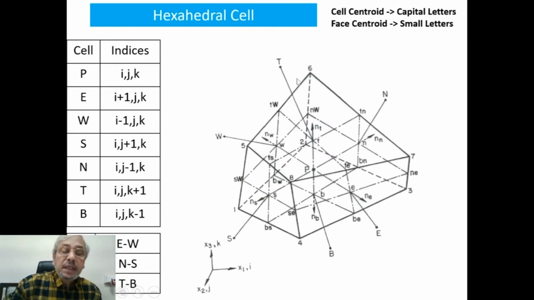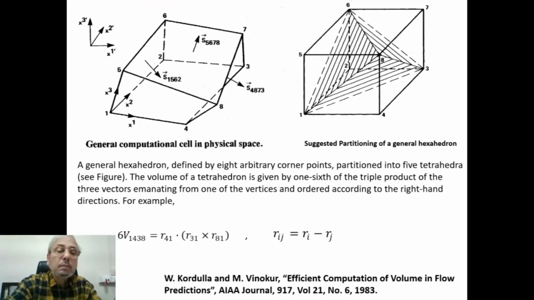So K plus 1, K plus 2 is in the top direction, and in the bottom direction it will be K minus 1, K minus 2, etc. So that is basically the grid topology.